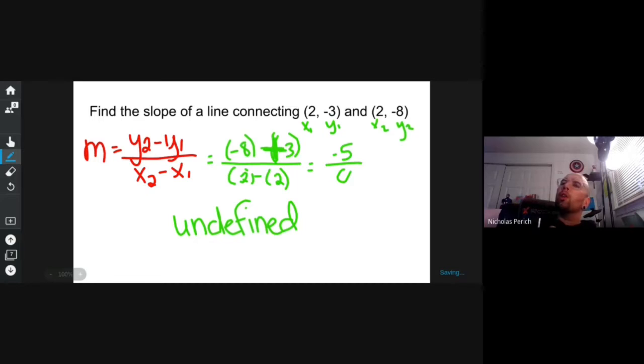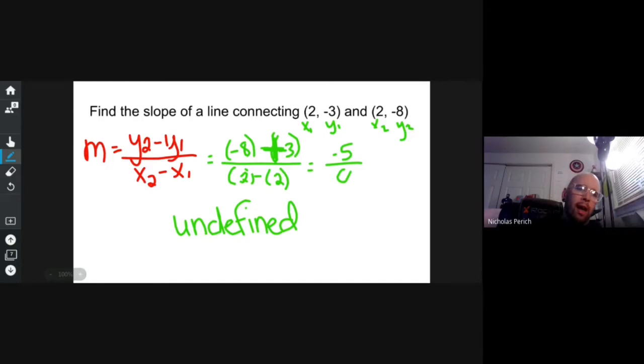What's the answer if 0 was on the top? What if this was 0 over negative 5? What would the answer then be? 0 is correct.